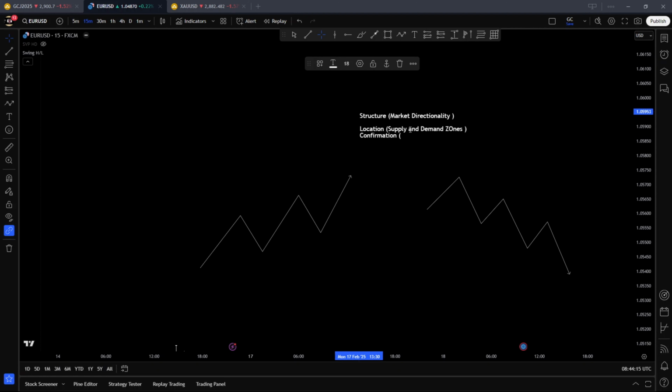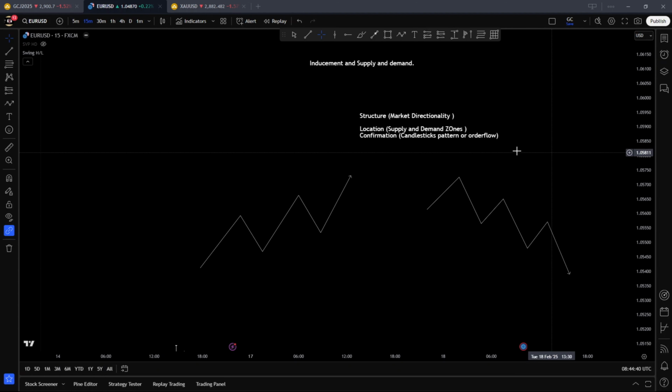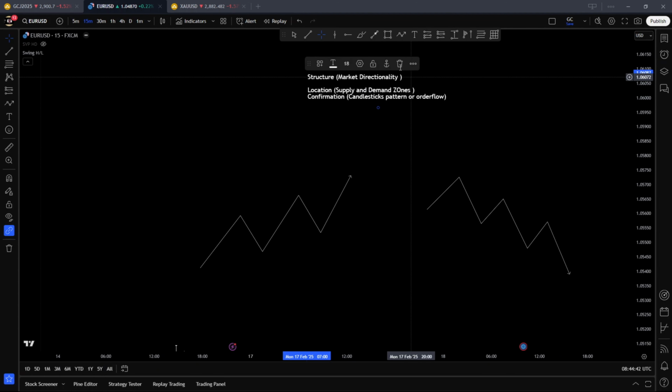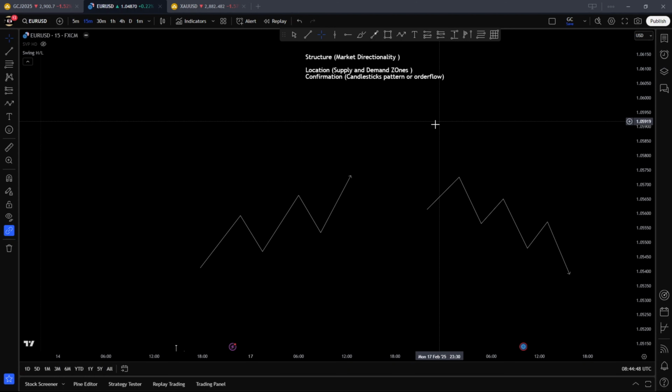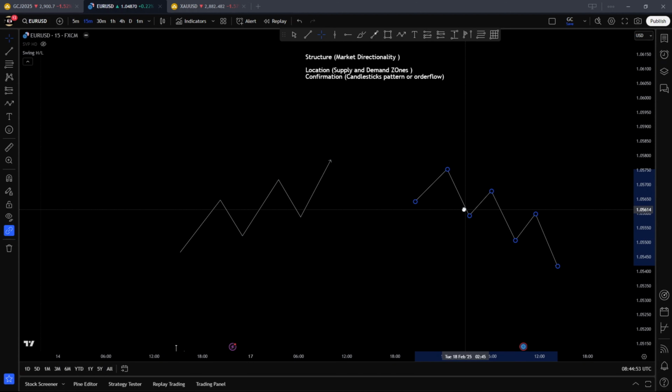This can be any other way of confirmation: candlestick patterns, or order flow like footprint, if you know how to use order flow tools like I've been doing to confirm my trades. If you have a system that covers these three major things, then you are on the good side. Inducement and liquidity is just an addition.